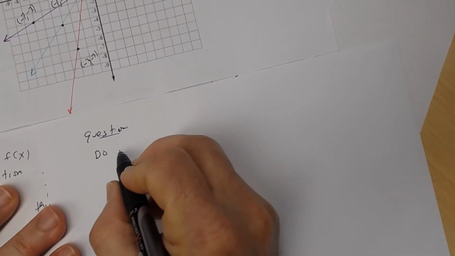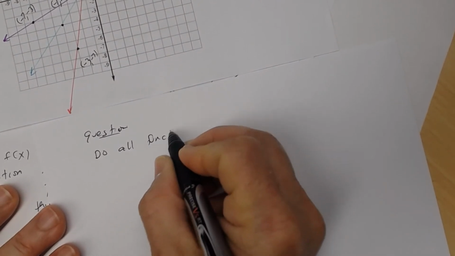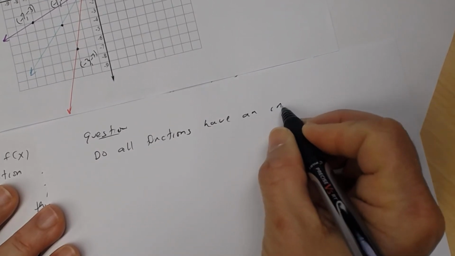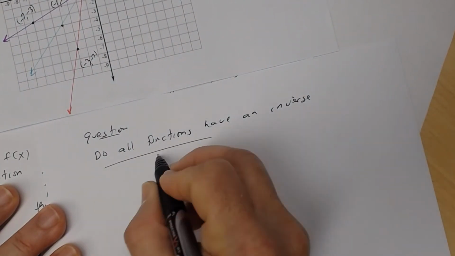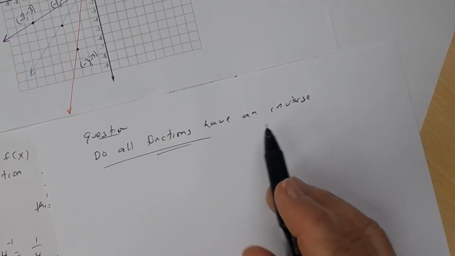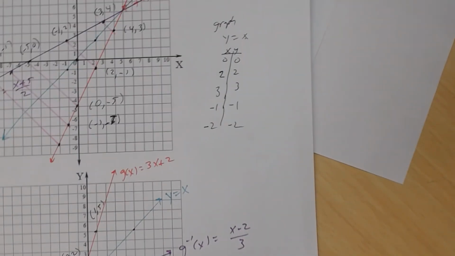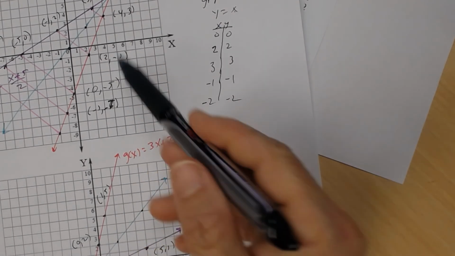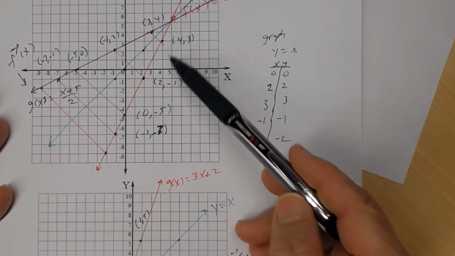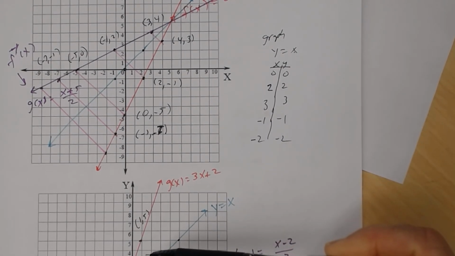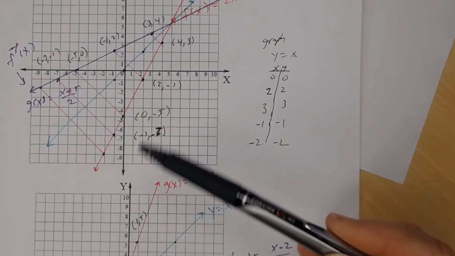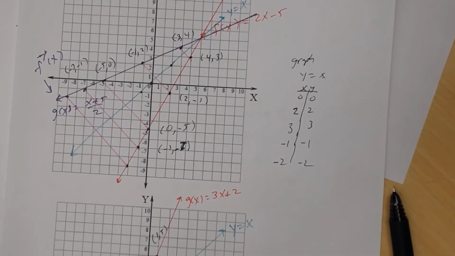So there are quite a few things that we're going to have to discuss in order to answer that question. But for right now, these lines do have an inverse, and so you notice that they were symmetrical about the line y equals x. Okay? All right, so that takes care of this part of the lesson.